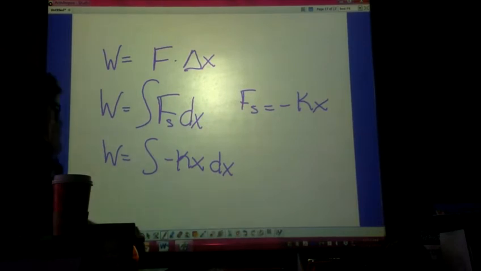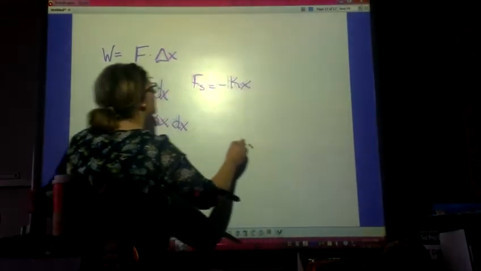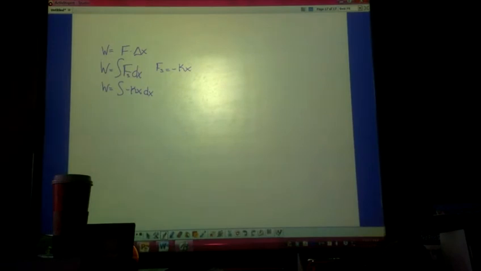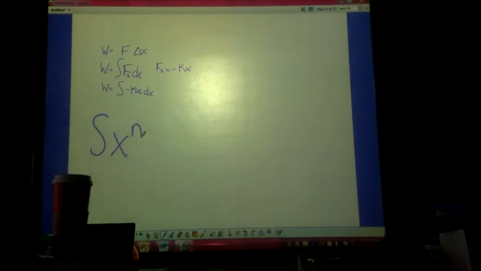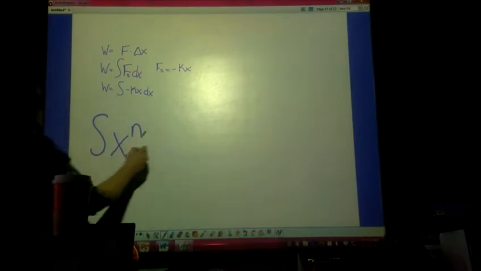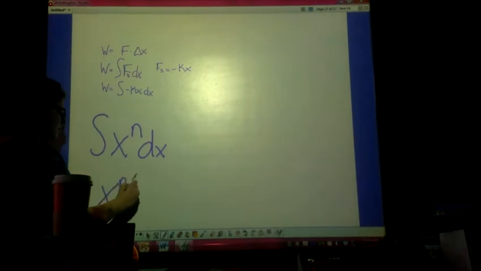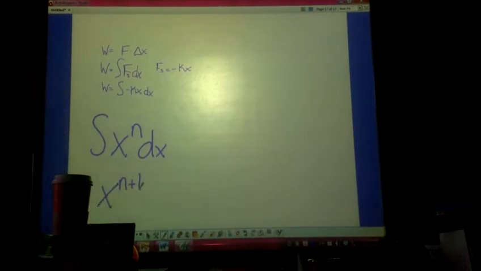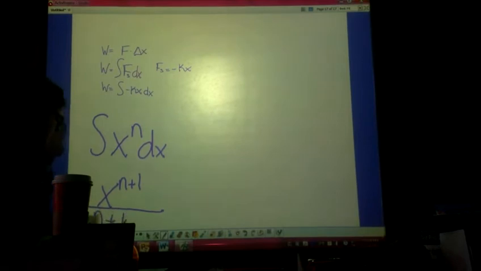So if I want to do an integral, it's really just doing the opposite of a derivative. And this is probably the one that we're going to have to know the most. So if I integrate x to the n with respect to dx, then it's going to be equivalent to x to the n plus 1 over n plus 1.